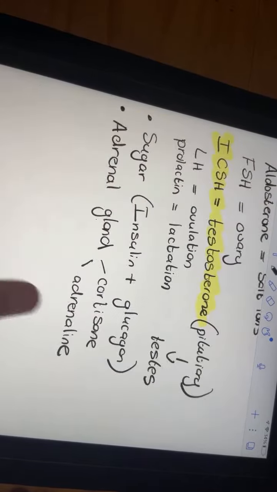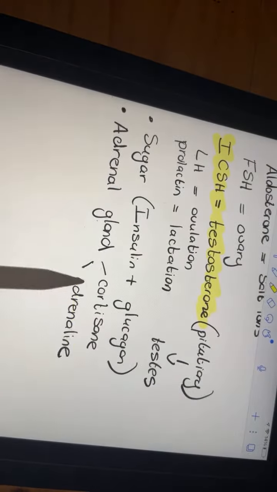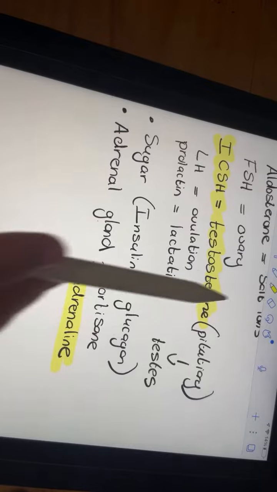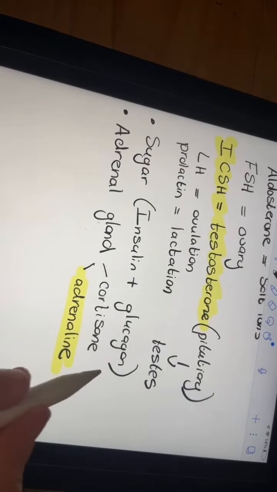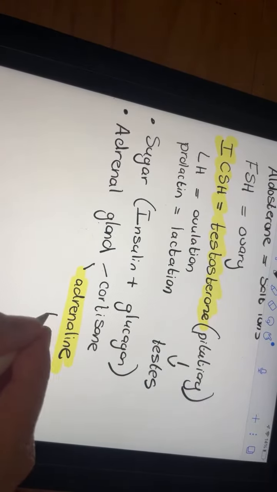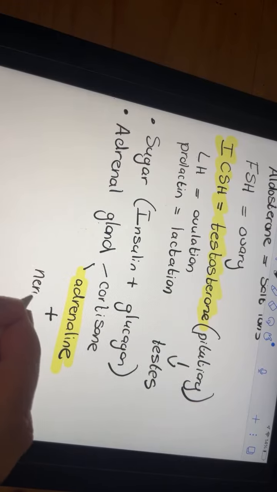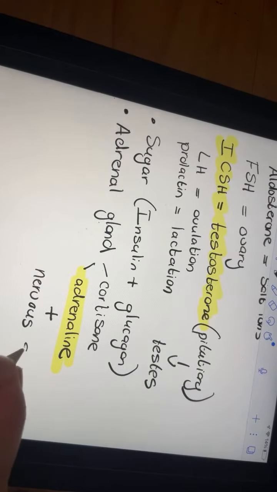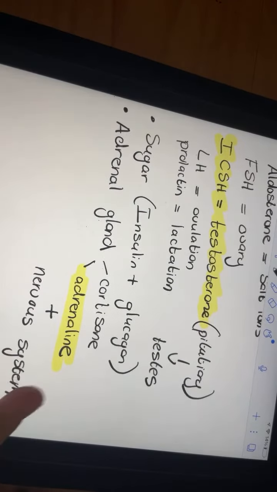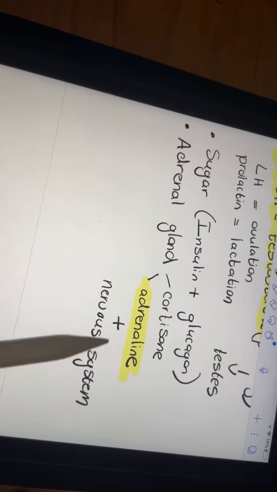And I would pay a lot of attention, grade 12s, to this one. Because what they like to do is they take adrenaline and combine it with the nervous system question. They love doing that. Because according to your guideline, you should be able to talk about both of them at the same time.